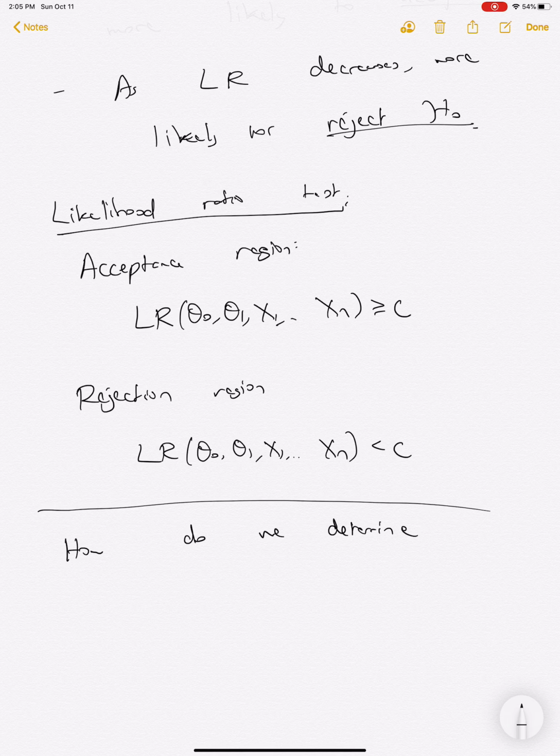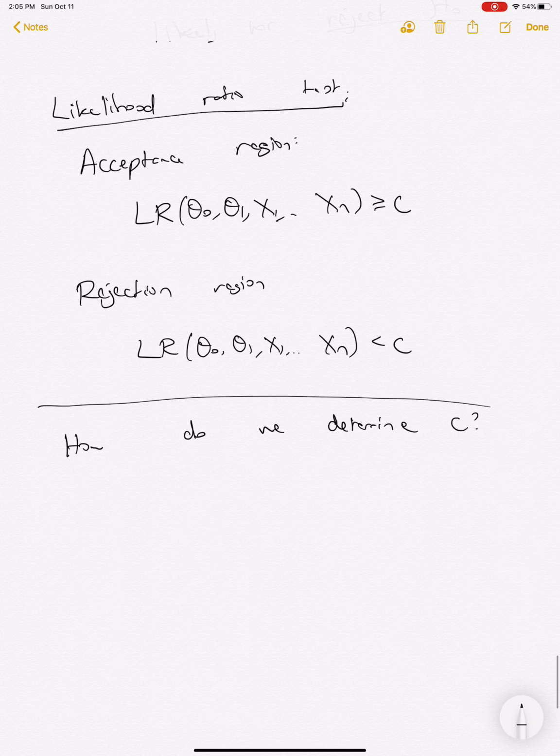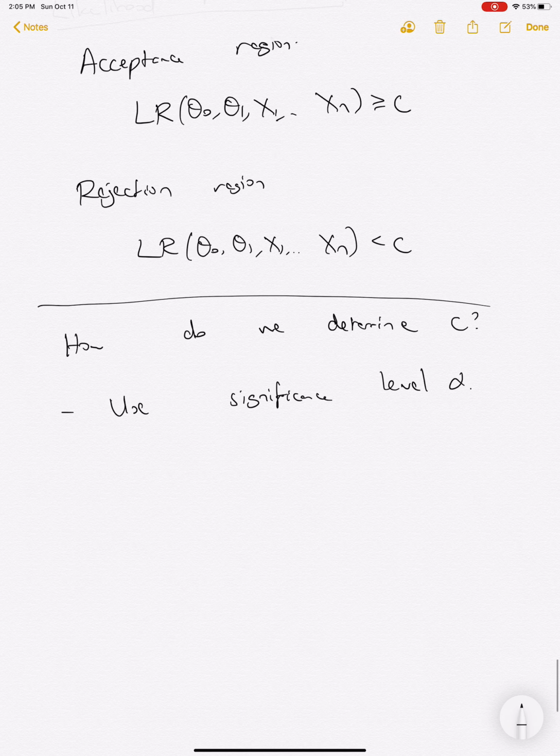Okay, and so how do we determine C? This is a question that, if I ask you this, after thinking about it, you should be able to come up with a reasonable answer. And the answer is that we use the significance level alpha. Remember that alpha equals the probability that you reject H naught, given that H naught is true.